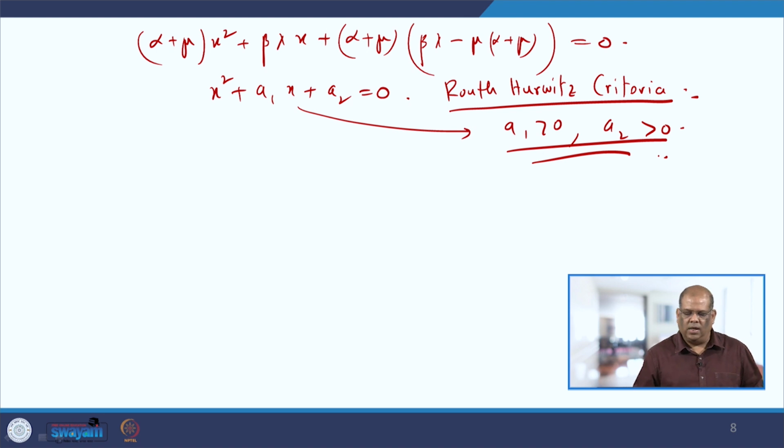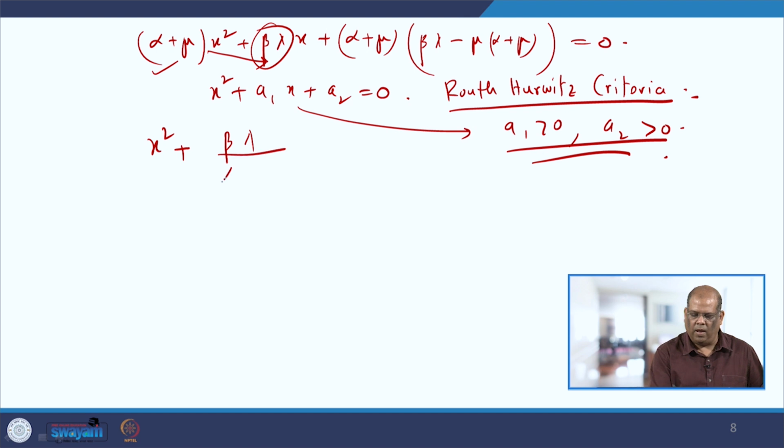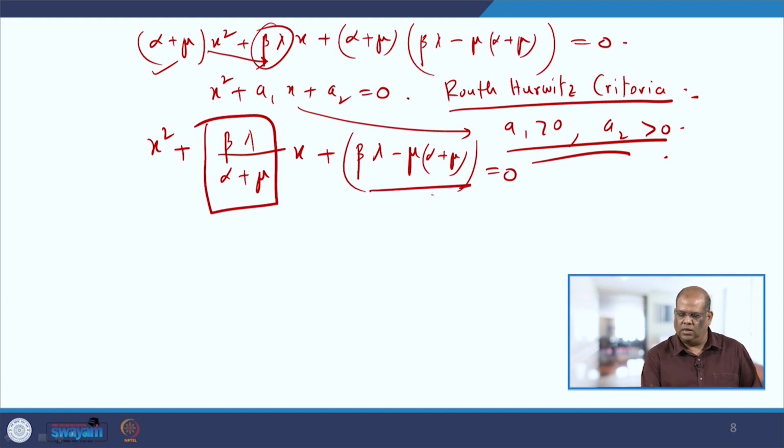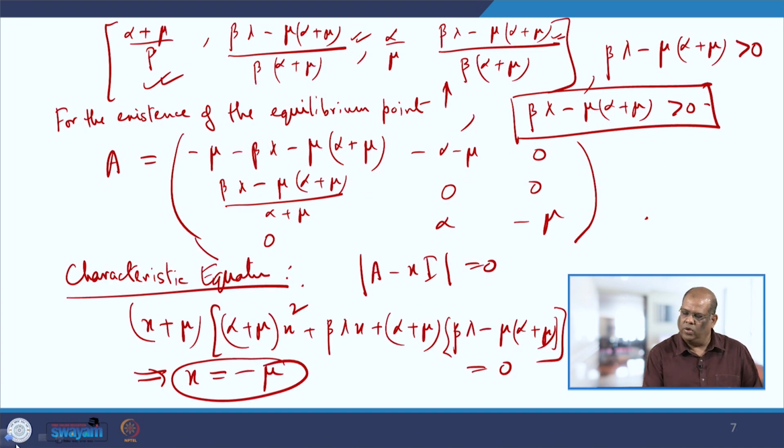Now, in this particular case, as you can see, if I divide by this, this is positive. So, we rewrite this equation as x square plus beta lambda by alpha plus mu times x plus beta lambda minus mu times alpha plus mu equal to 0. So, this quantity is positive as all the parameter values are positive, and this is also greater than 0 due to the existence of the equilibrium point, which we have already shown here, that beta lambda minus mu times alpha plus mu must be positive.